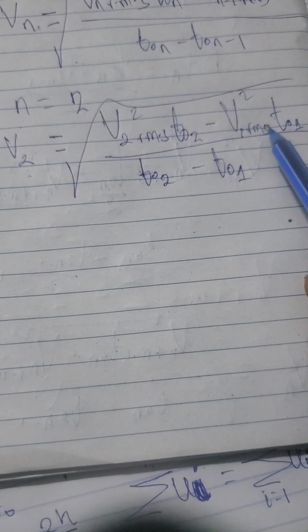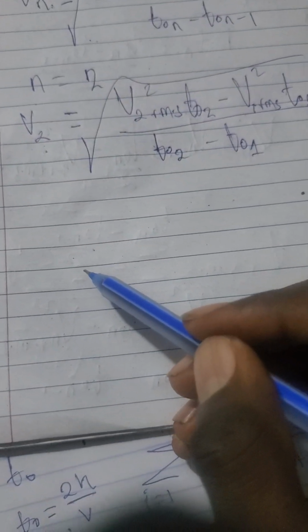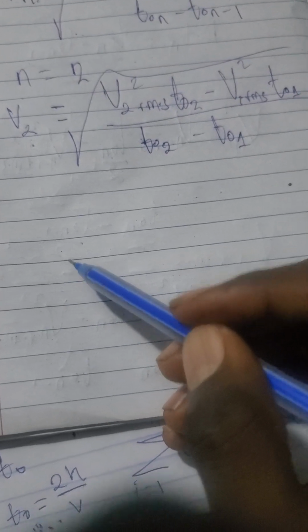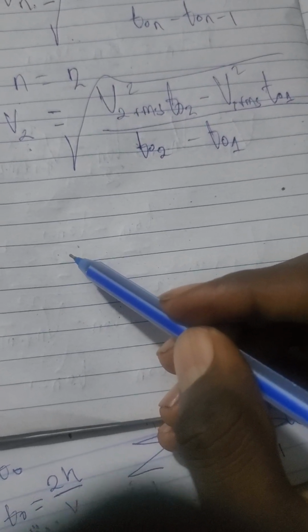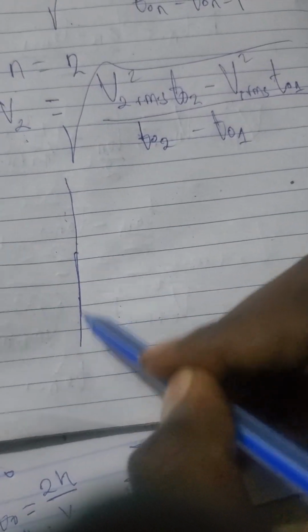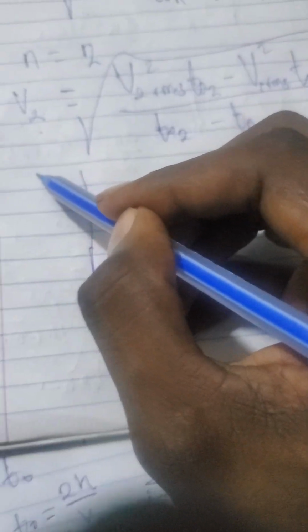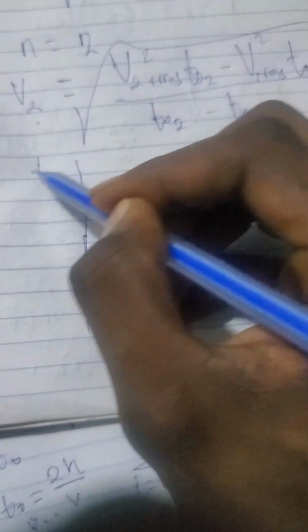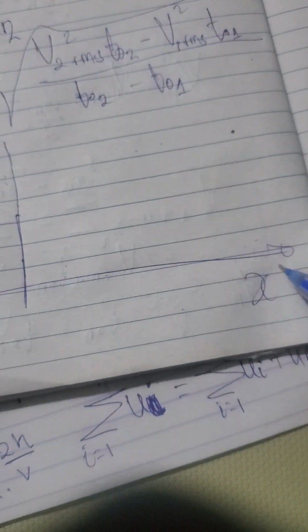How can you get the velocity of the second layer? Well, if you have the data collected during acquisition, then under further processing and drawing of the graph, or by using the Green's method, plot t squared against x squared.